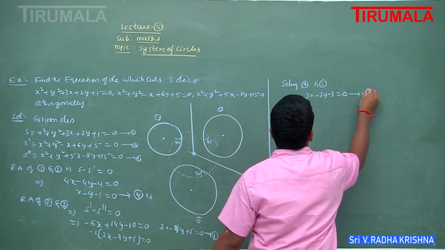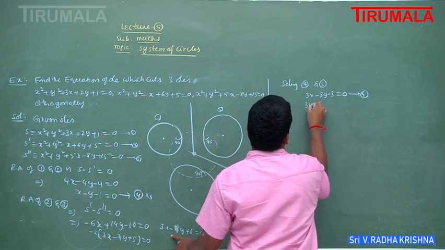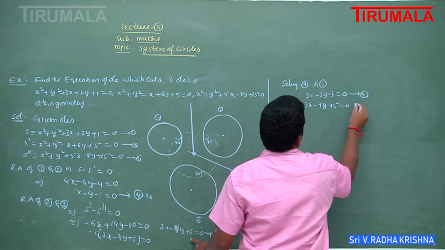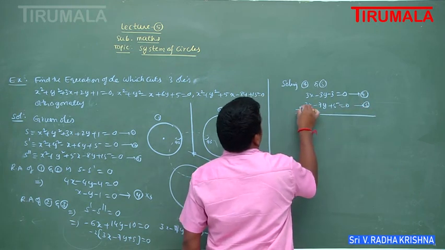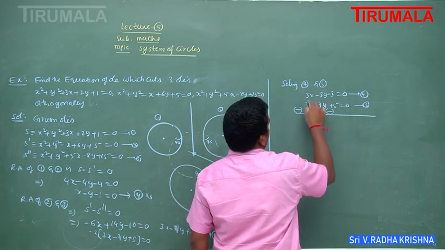After multiplying with 3, this equation is 3x minus 7y plus 5 equal to 0, the equation number 5. So solving, we subtract to get the y value. This is plus, this is minus, so subtract from each other.